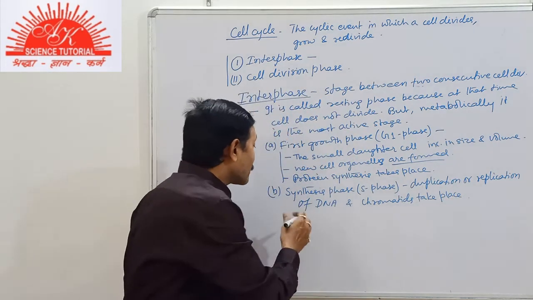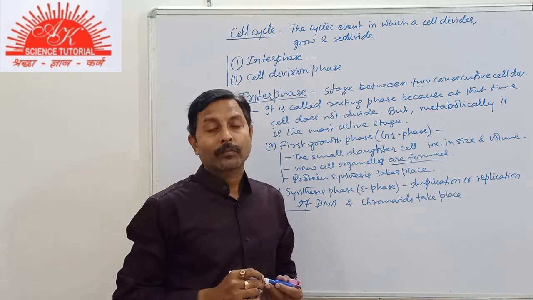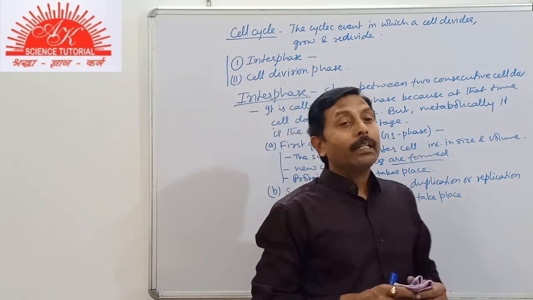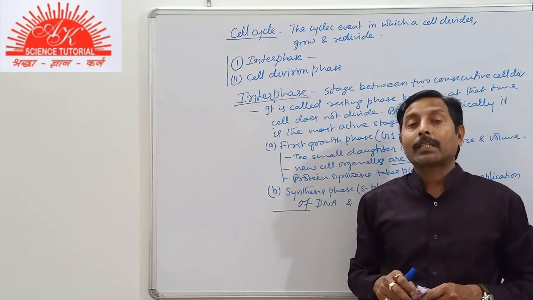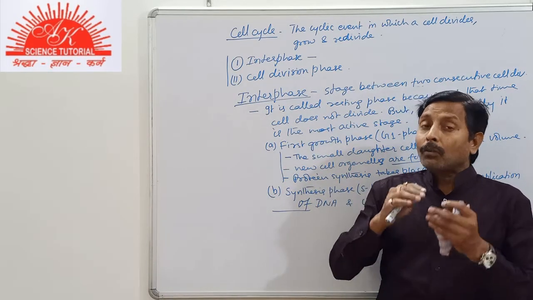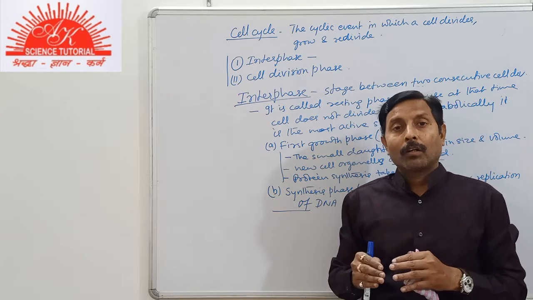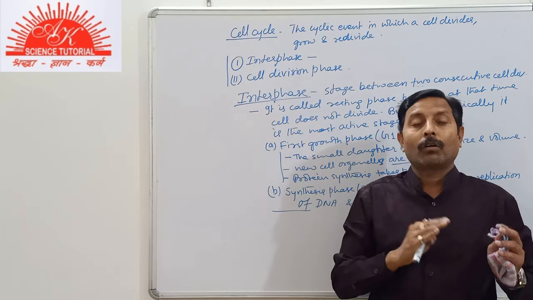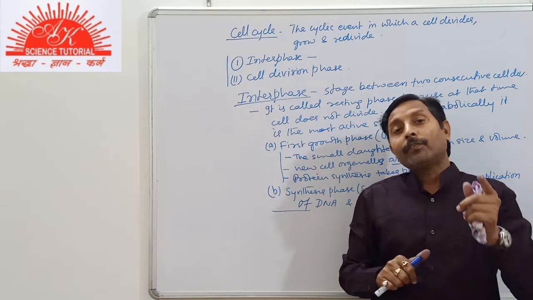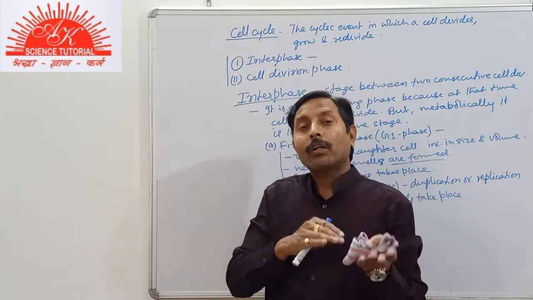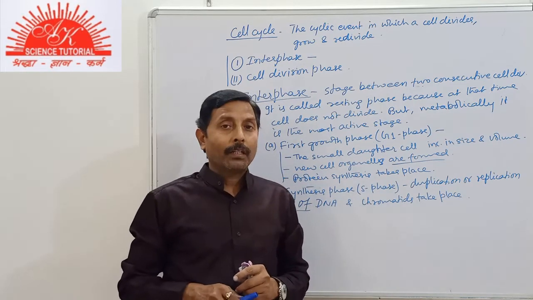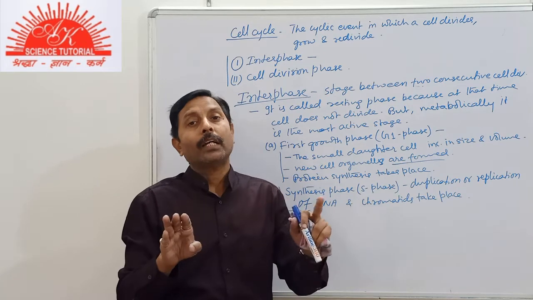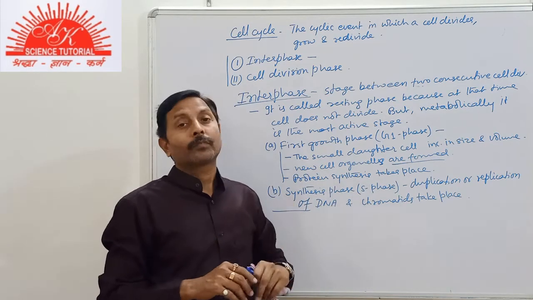So now the cell is matured. You remember here, that is, the cell is now fully grown, fully matured. Now the cell has to decide whether it has to take part in next cell division or not. If a cell does not require to take part in cell division, it withdraws itself from cell cycle, means cell cycle will stop at this phase.